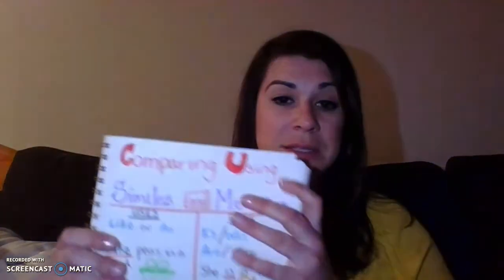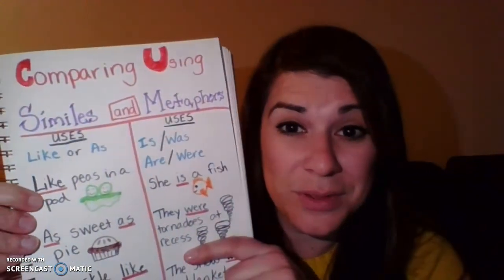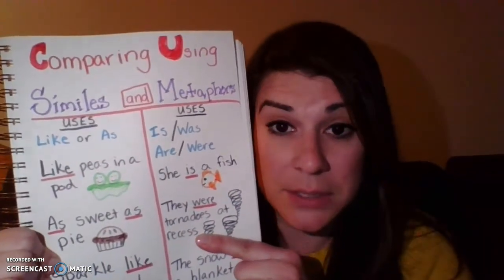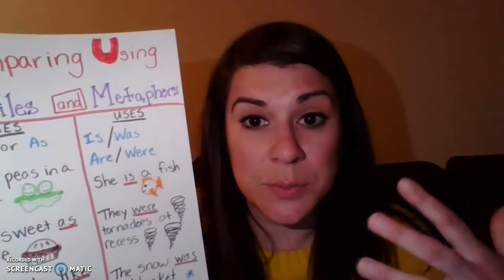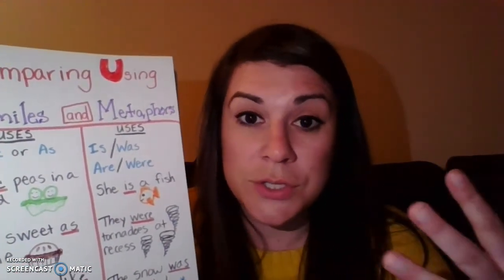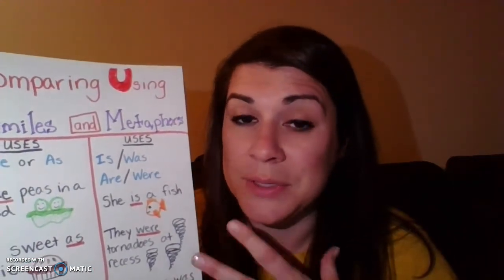It's comparing two things. You know, they were like two peas in a pod. It means that they get along really, really well together, right? If you're sweet as pie, pie is sweet. You're being compared to a pie because it must mean you're a really sweet person. So similes and metaphors will be used to describe characters or different things happening in the book as well.